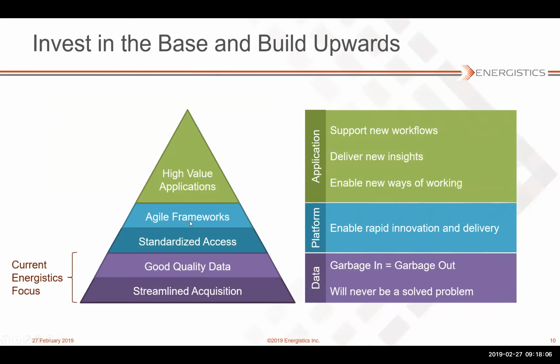And so then you start getting into frameworks that make it easier to piece together applications, or maybe let your data scientists build applications rather than having to hire a whole team of developers, or let your R&D folks experiment more rapidly with production data. But all of this is enabling you to build the high value applications that people really want to have. These are where you can start to deliver your new workflows, get your new insights, and enable the new ways of working.